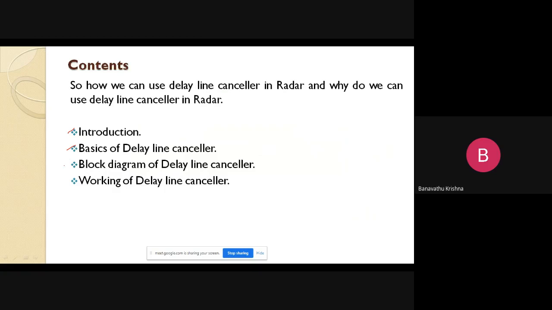Coming to the block diagram, what are the modules in the delay line canceller, how they perform to get the required response to detect the target in the presence of clutter. And the working of delay line canceller, how it works based on some procedures, and there is some derivation part also available. All those things I'm going to discuss in detail.